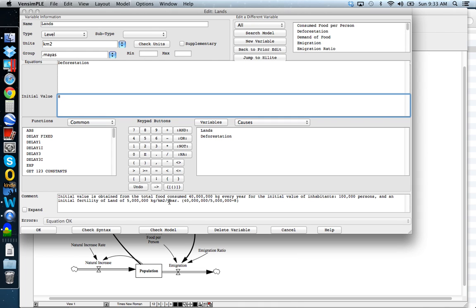This is an assumed value of 5 million kilograms per square kilometer per year. So if you divide the two, you get 8 square kilometers initially. So the 8 square kilometers supported the 100,000 people that were there in 1000 AD.